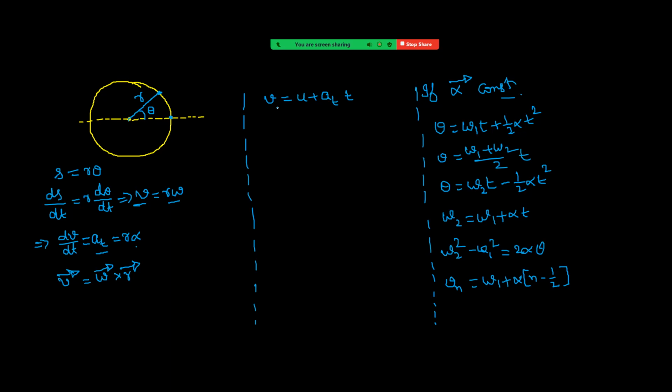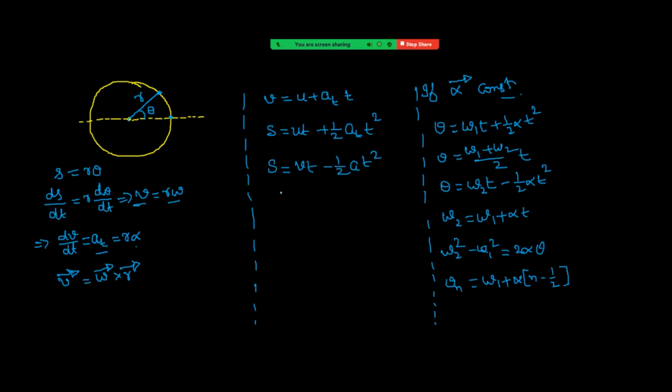But final speed, initial speed, in the place of acceleration, it is tangential acceleration. So you have to keep these points in mind. And the next one is s equal to ut plus half a_t t square, again is equal to vt minus a half a_t t square. Means same, okay? The same equation here.